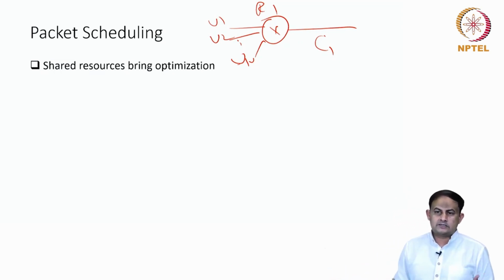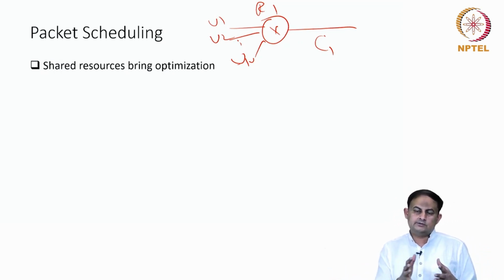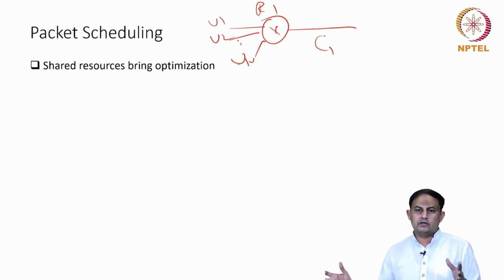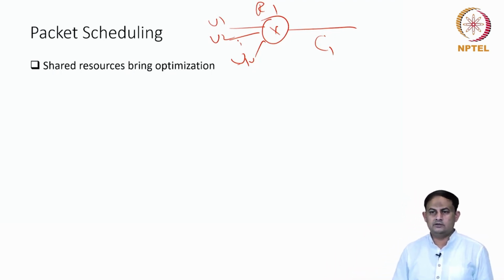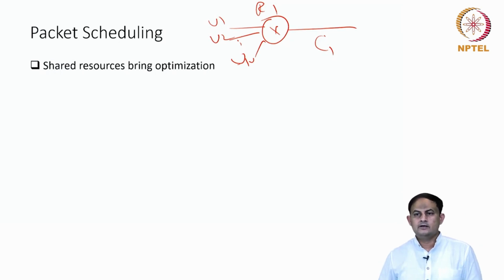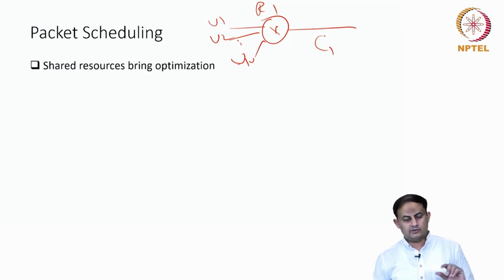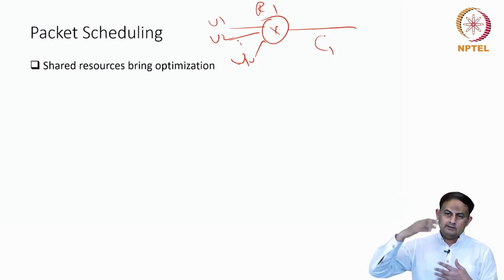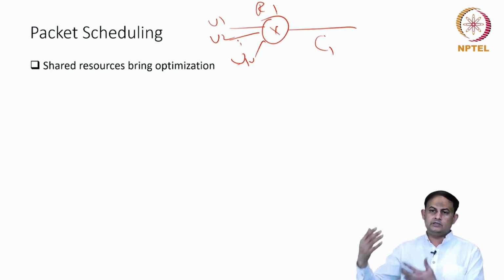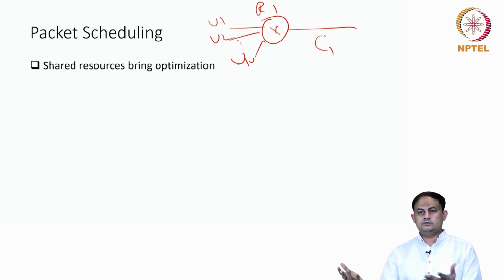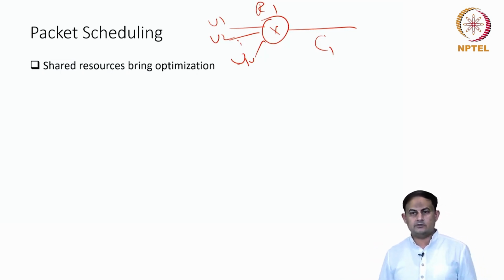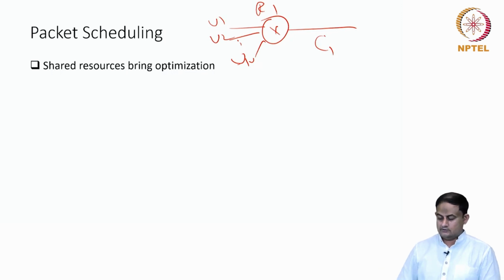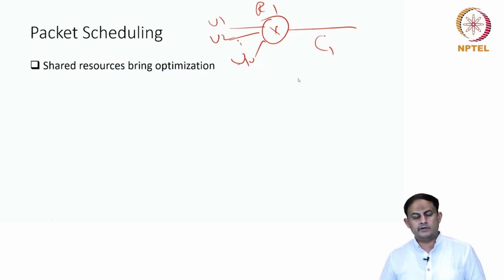So in a nutshell, whatever resources are available, I don't want to keep idle. I want to utilize the fullest capacity. At the same time, you want to serve more users with differentiated quality of service, so one user's traffic is given priority over another's. That is what is implemented using packet scheduling.